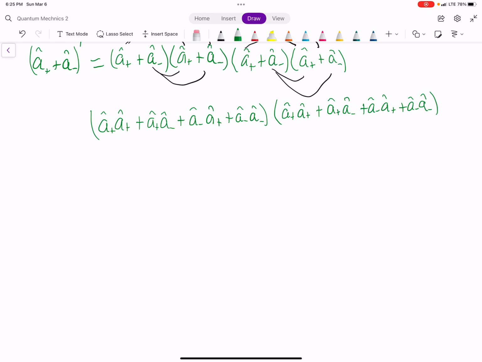So the two raising operators acting on the two raising operators. So that's a plus, a plus, a plus, a plus.